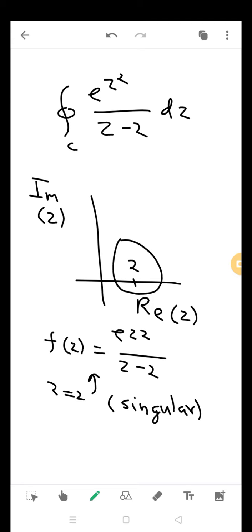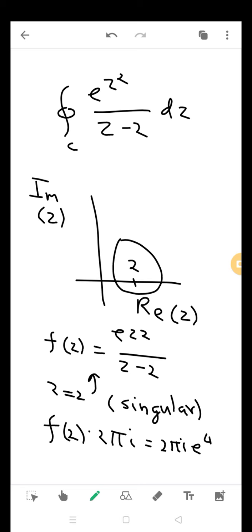So therefore, if we put it in the Cauchy's integral formula, then it will be f(2) into 2 pi i, which will be equal to 2 pi i into e to the power 4, because z square at z equal to 2 is 4.